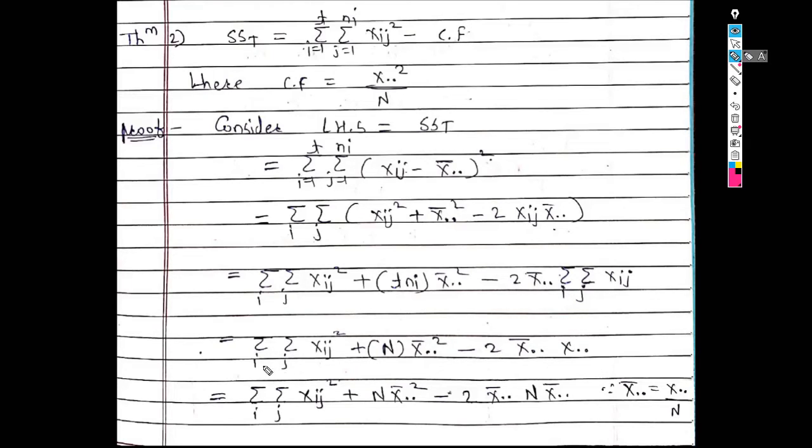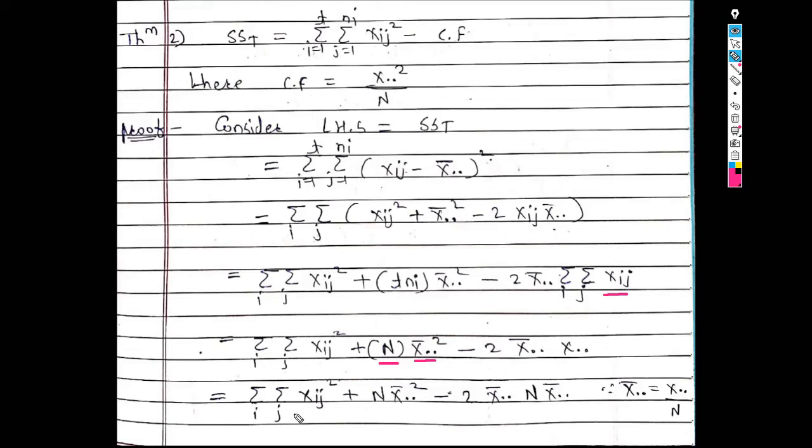So in the next step we get summation over i summation over j x_ij squared plus, this t into n_i can be written as capital N into x dot dot bar squared, minus 2 times x dot dot bar, and we know that summation over i summation over j x_ij is our grand total. So we get minus 2 into x dot dot bar into grand total.